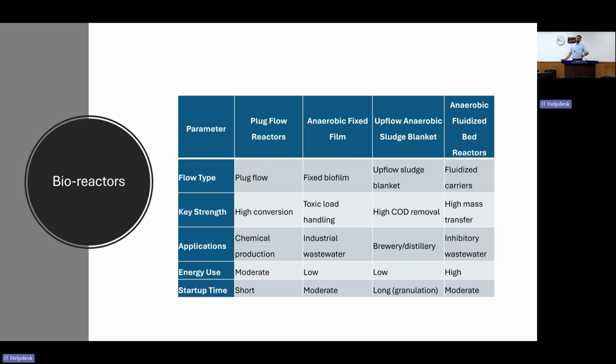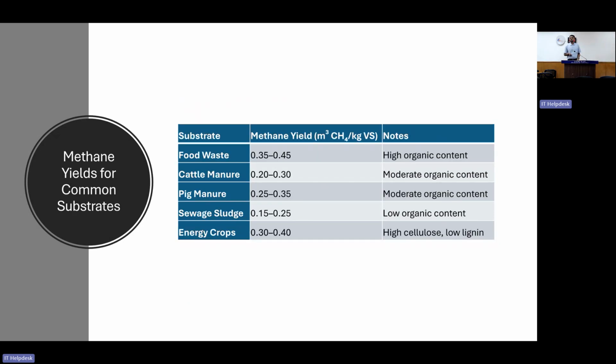So for converting biomass into bioenergy products through biochemical conversion processes, there are various types of bioreactors, which are mentioned here. You can go through it.